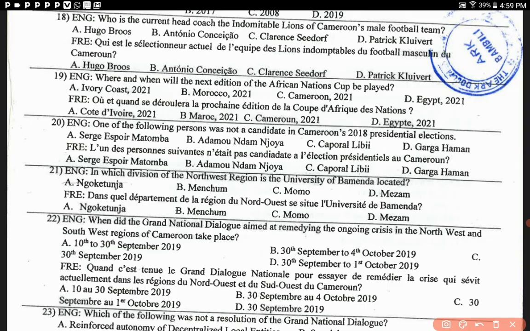It is in Mezam division. Mezam is the administrative division where the main campus and faculties of the university are located. So Ngoketunjia, Menchum, Momo divisions are actually wrong.